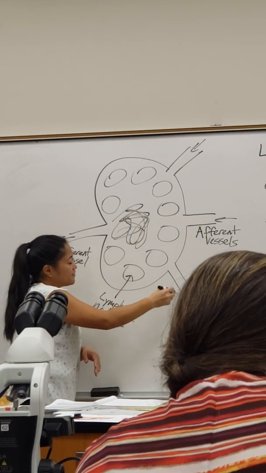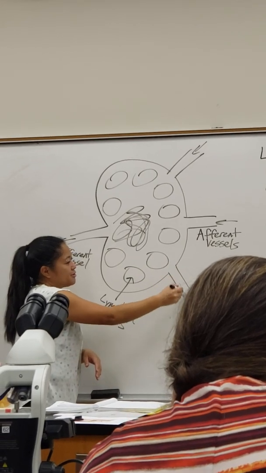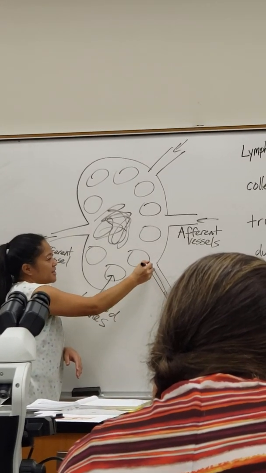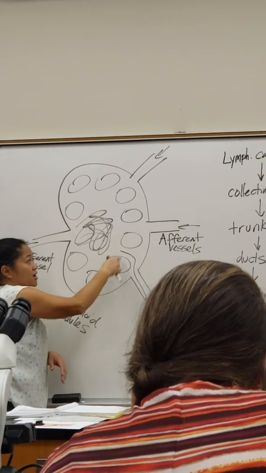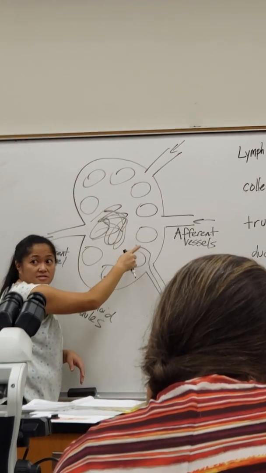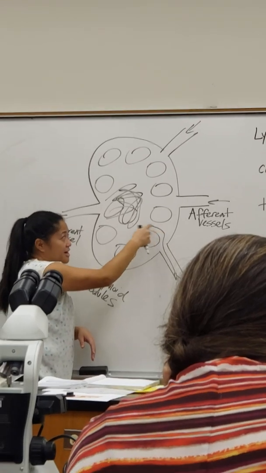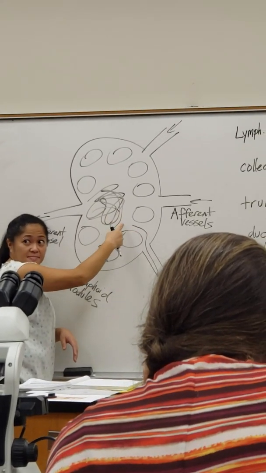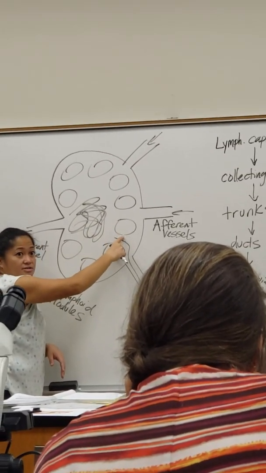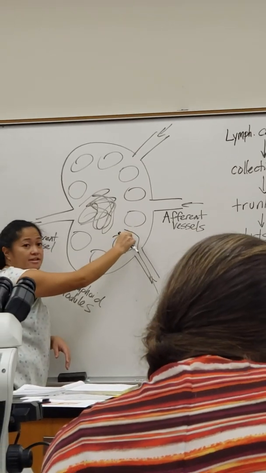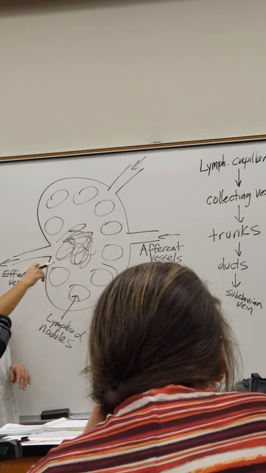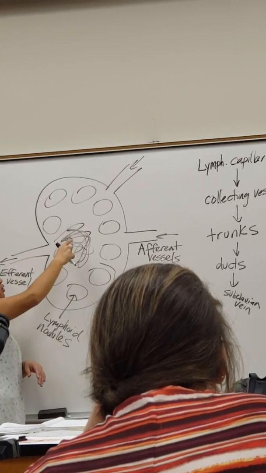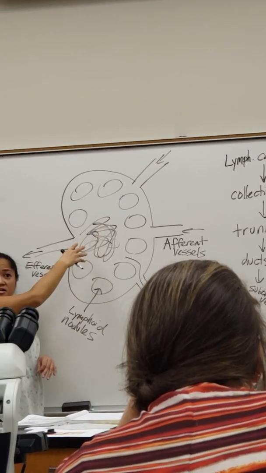So as the fluid is going through, it comes in here, it's going to pass in between. These two right here are full of B cells and T cells. So if there's a bacteria that's passing through here, these clusters of cells are going to try to kill that bacteria. Once it gets to this area right here, this is where some macrophages are, okay?